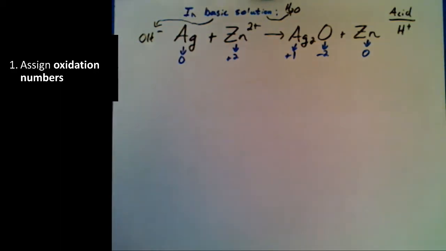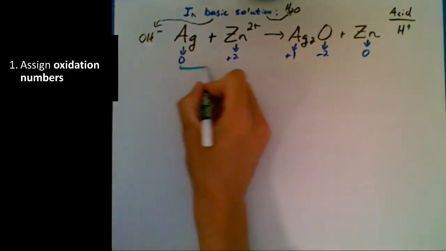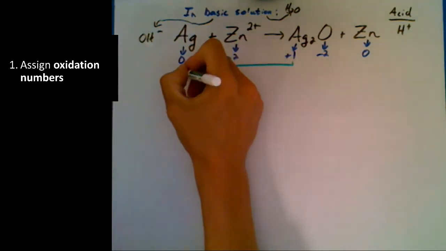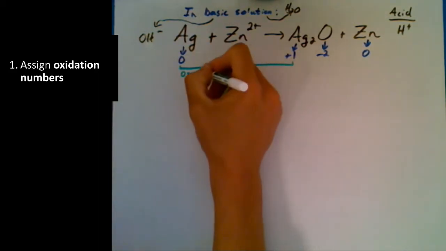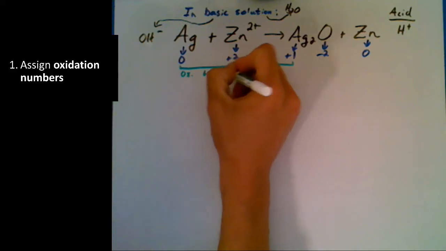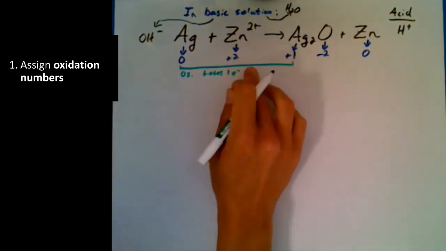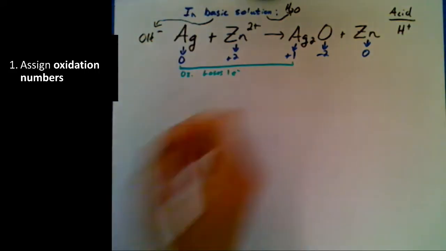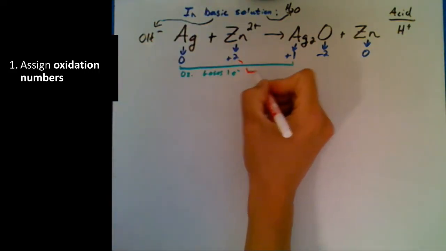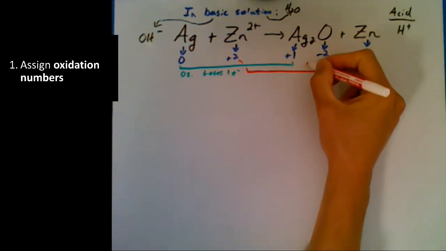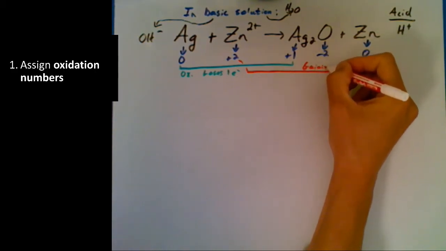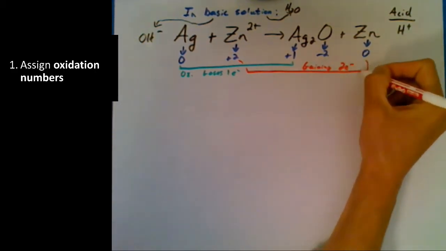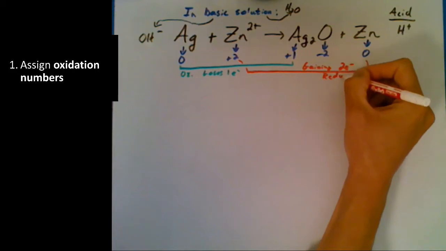Well, the silver is going from 0 to +1. That's going to be oxidation as it loses 1 electron. The zinc, on the other hand, is going from +2 to 0. It has to be gaining 2 electrons, and it's being reduced.